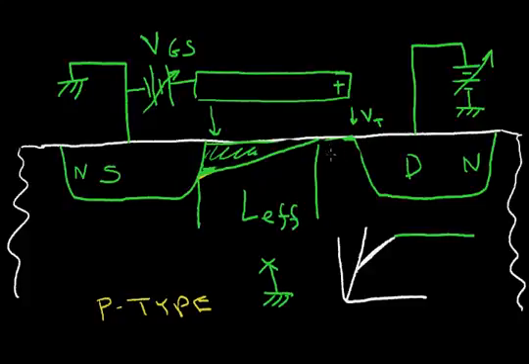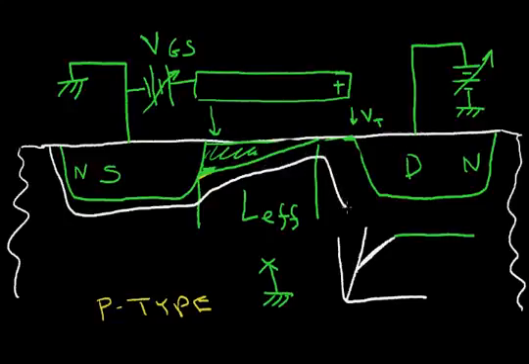In this region here, let me draw the depletion region. So we have a depletion region. As this drain voltage increases, the depletion region becomes larger under the drain. And there's a very strong electric field that points in this direction, in this depletion region.